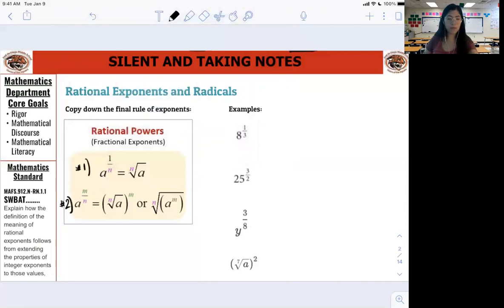And what I want you guys to write in your notebooks at this time is what's in that box. So go ahead and write this down in your notebook on today's page so that you can refer back to it as often as you need. I'll give you guys about 3 minutes to copy.